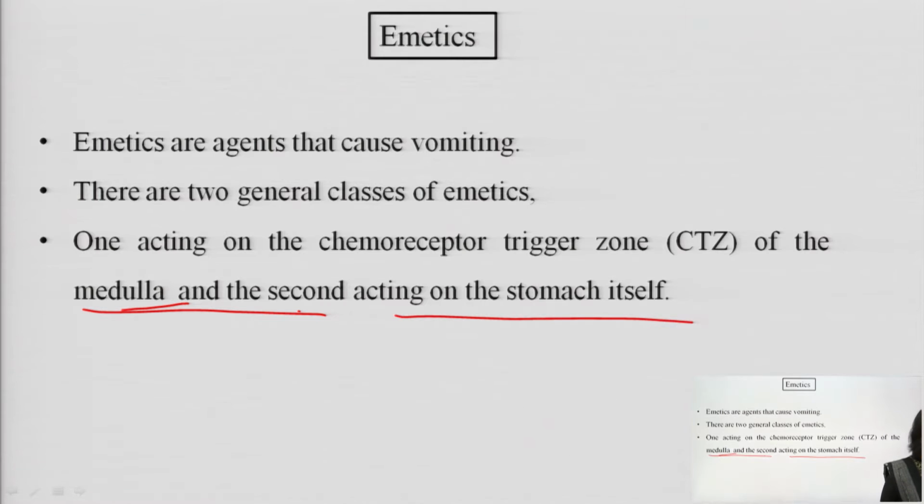So emetics act on two major areas: number one, the CTZ, also known as the chemoreceptor trigger zone, and the second class acts on the stomach itself.